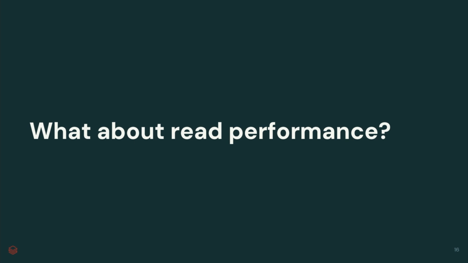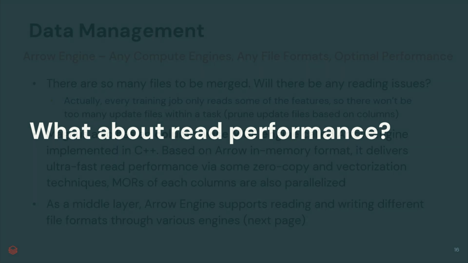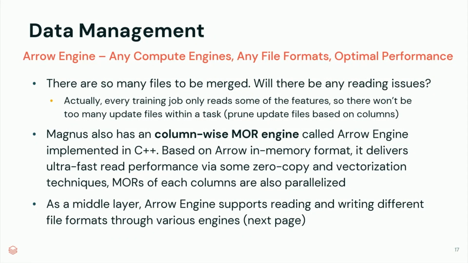So now we have a good merge on read based column level update. But how do we ensure the read performance? One problem is that there might be too many update files to be merged, since there are so many features being added, and this can cause performance issues when we read the data.